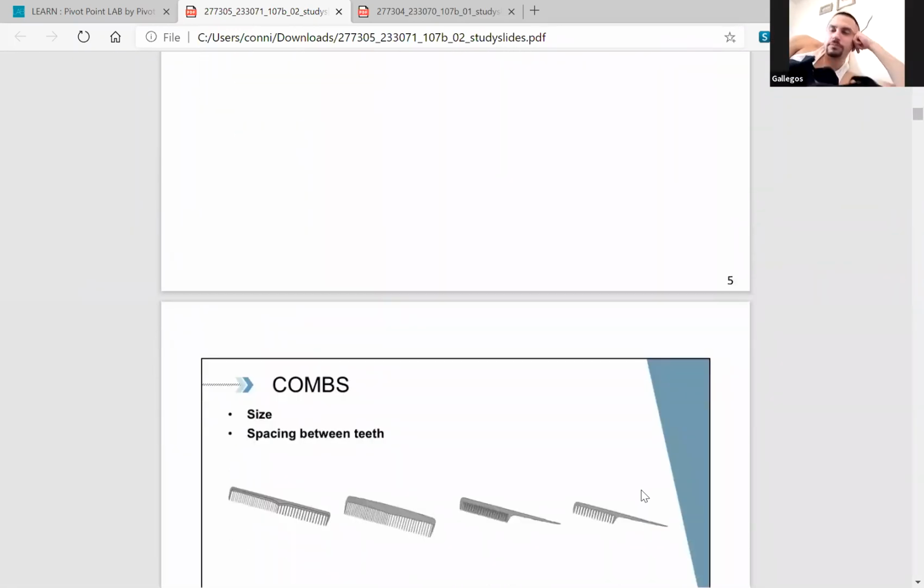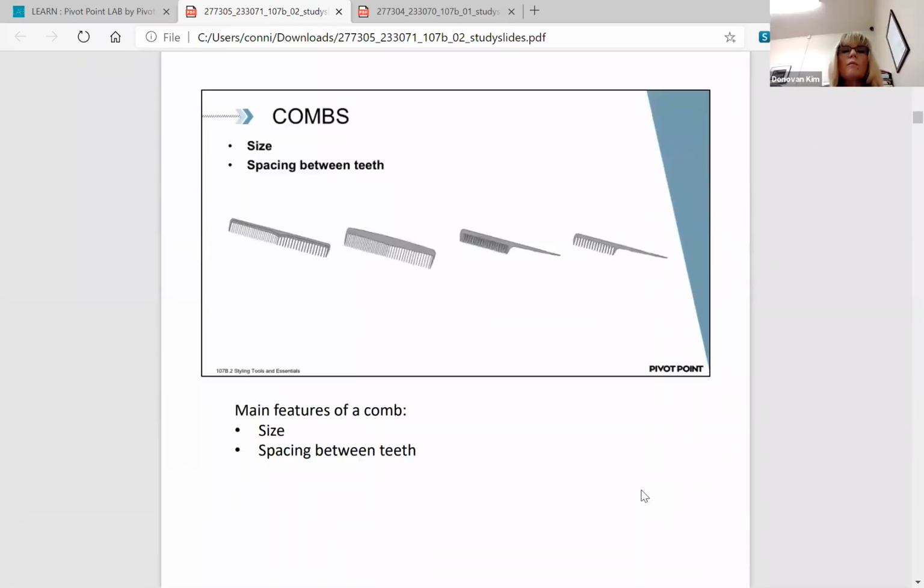The way that they rate combs is by the spacing between their teeth. So it makes sense if someone has thicker or coarser hair that you want wider spaced teeth, which go easier through coarser hair, right?